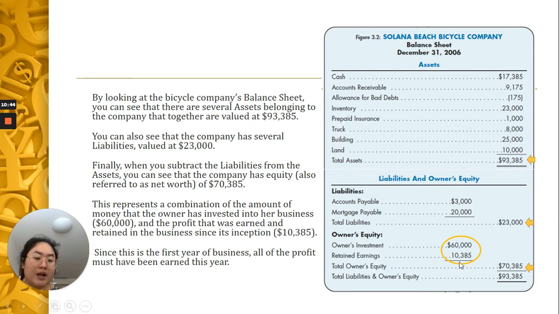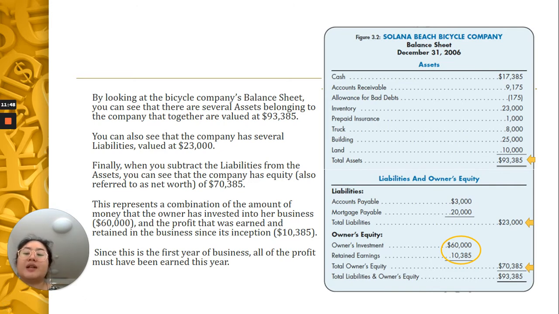You sum it up: 60,000 plus 10,385, and you get total owner equity of 70,385. This represents a combination of the money the owner has invested in her business, which is Sam's 60,000, and the profit earned and retained in the business since inception, 10,385.